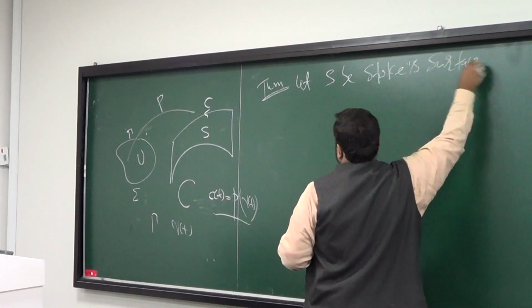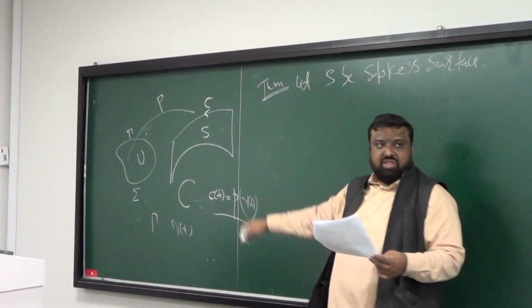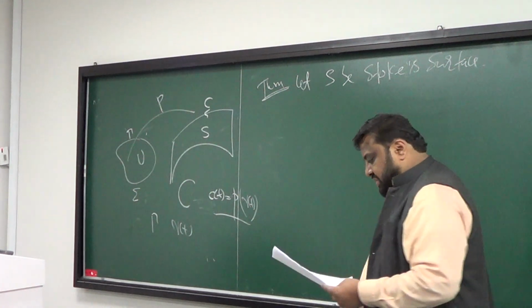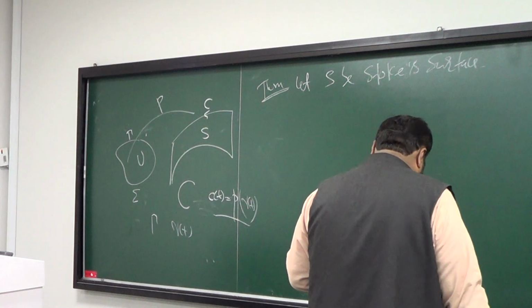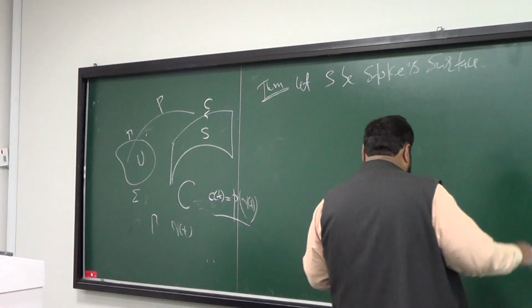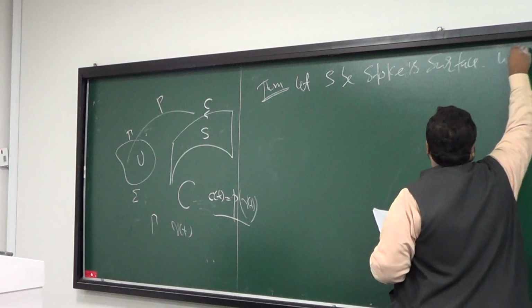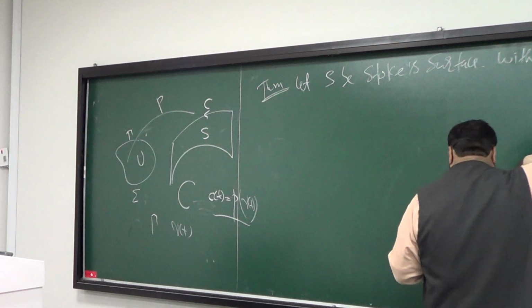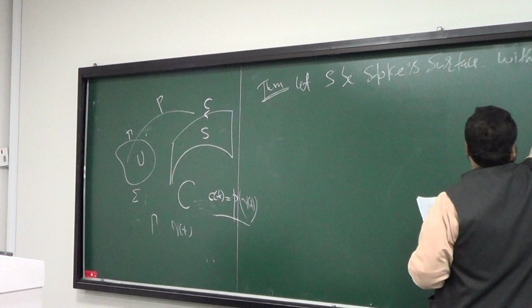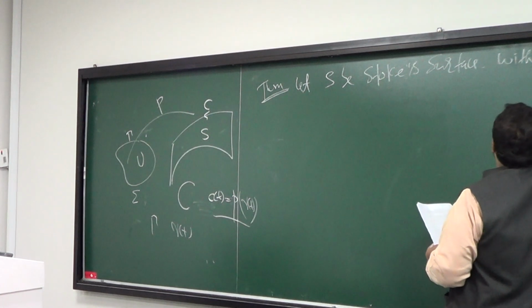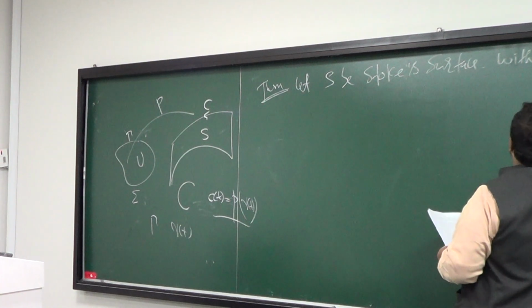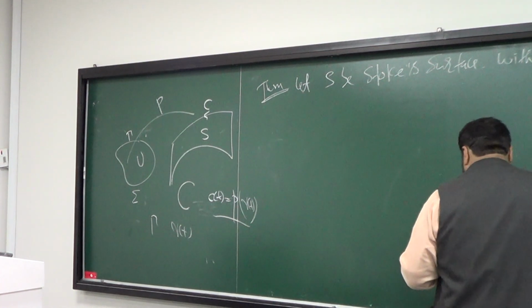It's this kind of a surface. Use all these notations. Okay. So it's a Stokes surface with boundary C, with parameter C, whatever you call it.